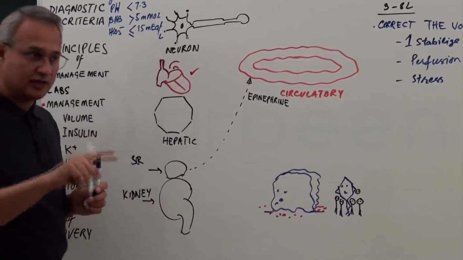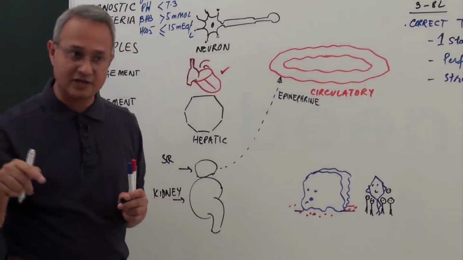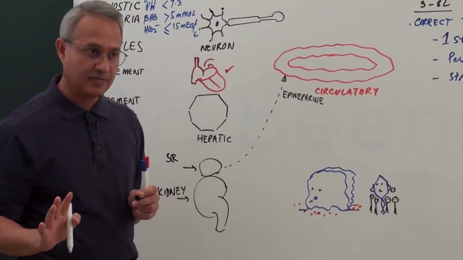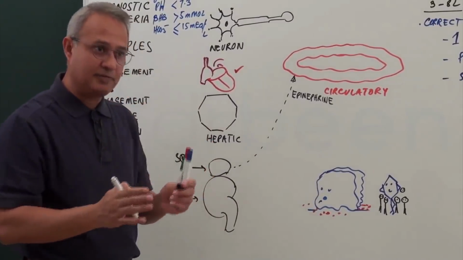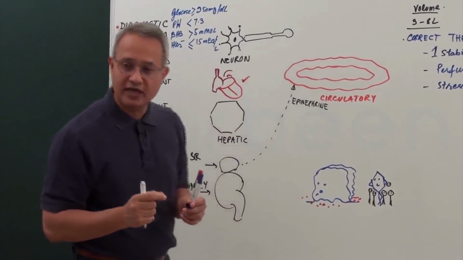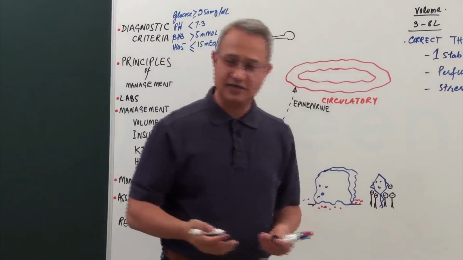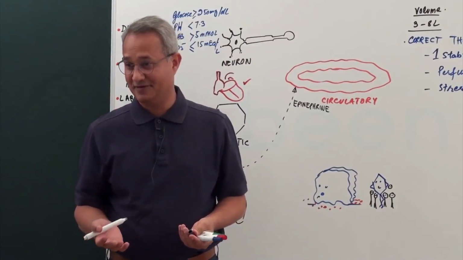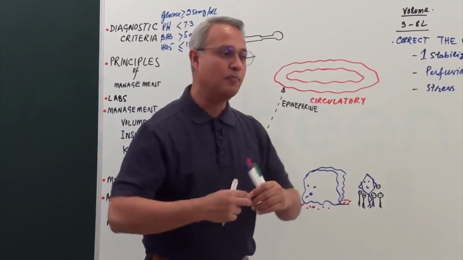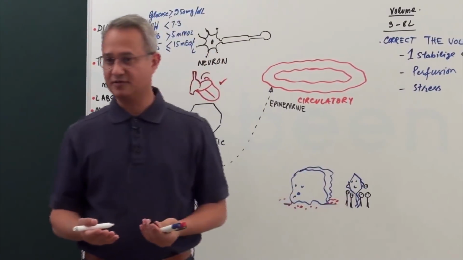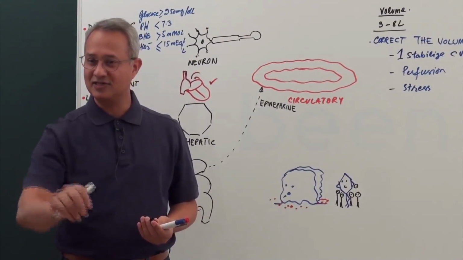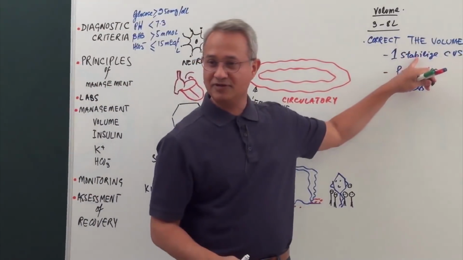What is epinephrine doing? Epinephrine is reducing insulin production, number one, and number two, making the peripheral tissue insulin resistant by working on the beta-2 receptors. So the problem with the epinephrine is that insulin is not working. Don't you need the insulin to work when you're managing DKA? Right? How would you make it work better? How will you make the body more responsive to insulin? By reducing stress. How do you reduce stress? By countering the hypovolemia.